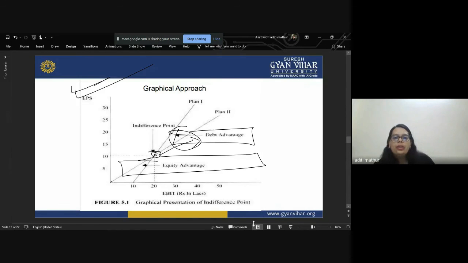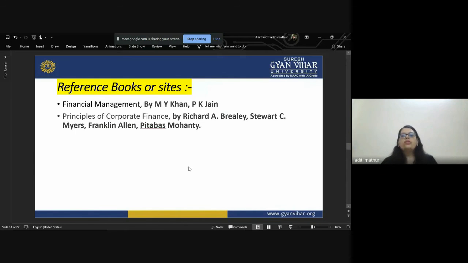Your x-axis represents EBIT and y-axis represents your EPS. So this is how you can graphically know your indifference point: where both the lines intersect, that is your indifference point.